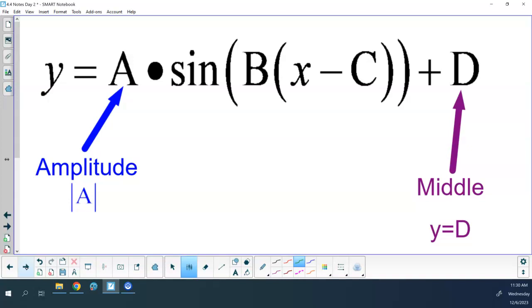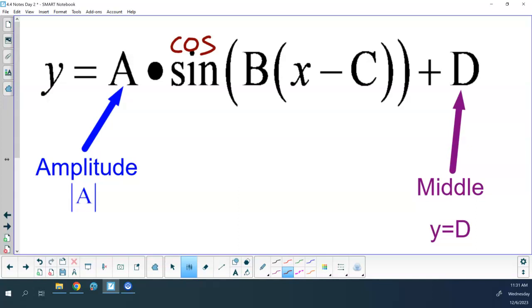So we did A. Now, let's talk about D. D, what D does is it changes our middle. So now our middle is going to be adjusted a little bit. Okay? And this would work even if this were cosine also. Same thing happens on both of those. A lot of times you'll see us write cosine over sine there because it doesn't matter which one we're dealing with.